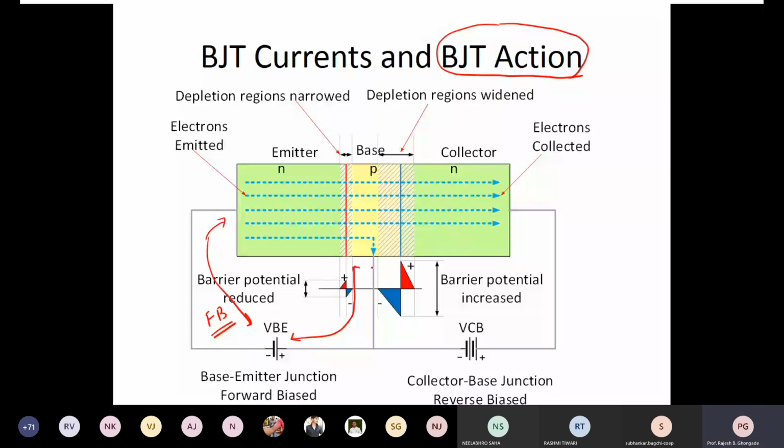It is reverse bias. As you can see, N is connected to positive, P is connected to negative. So this is the reverse bias. Now we already know the effect of biasing on the barrier potential. Forward bias reduces the barrier potential. Reverse bias increases the barrier potential.